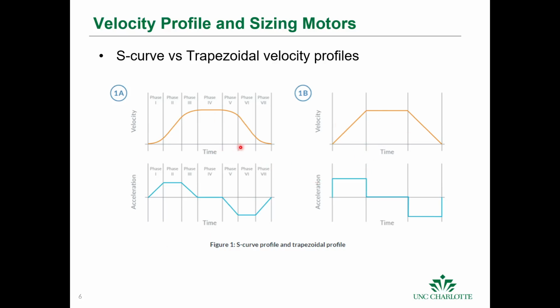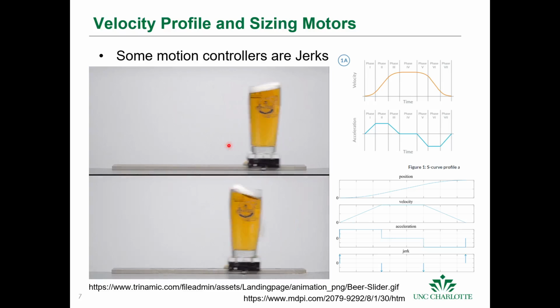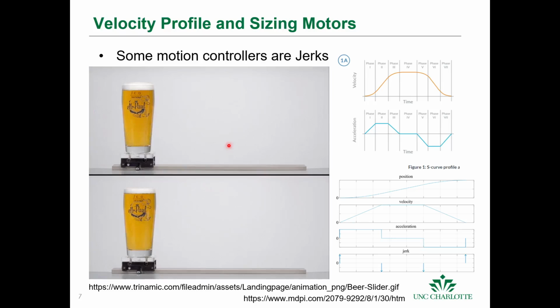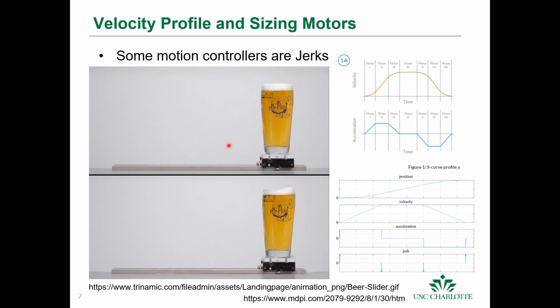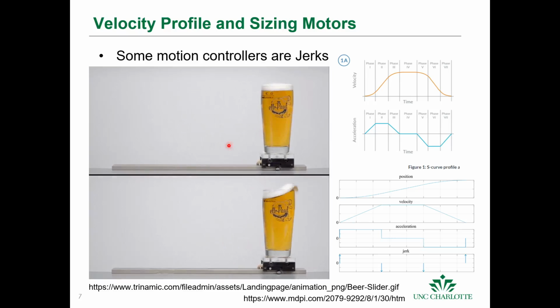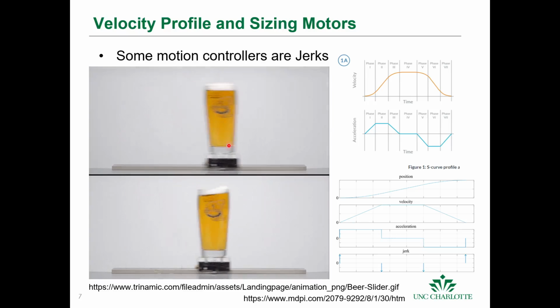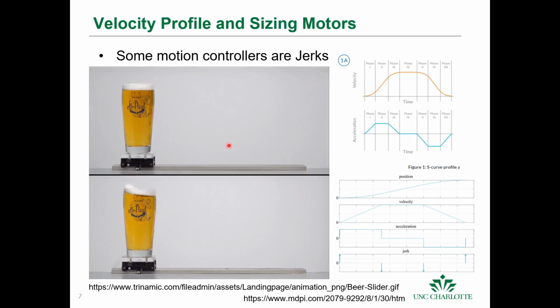So you can soften it up, but what I said is you can design using this case because it's easier to do the math. It's not necessary to go into all these details, and you just do this analysis, but buy a motor that has this profile. Simple enough. This is a picture of the difference between a soft profile and a not soft profile. And obviously we're not advocating for drinking bubbly yellow beverages, but it is a good example of how the different trajectory profiles affect the input excitations into machines.